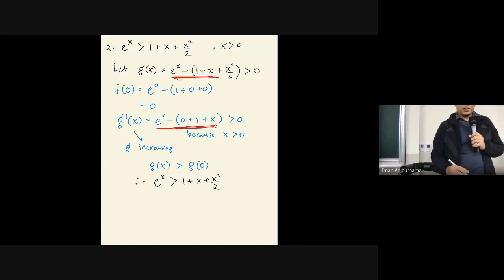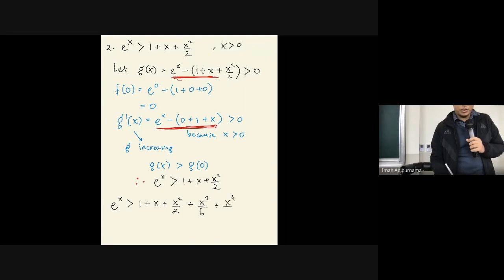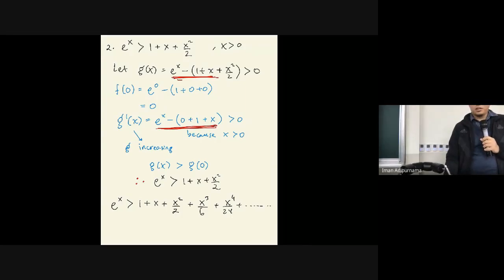By the way, these expressions can be written like this, and it will go until infinity, and e to the x is always greater than all of those.